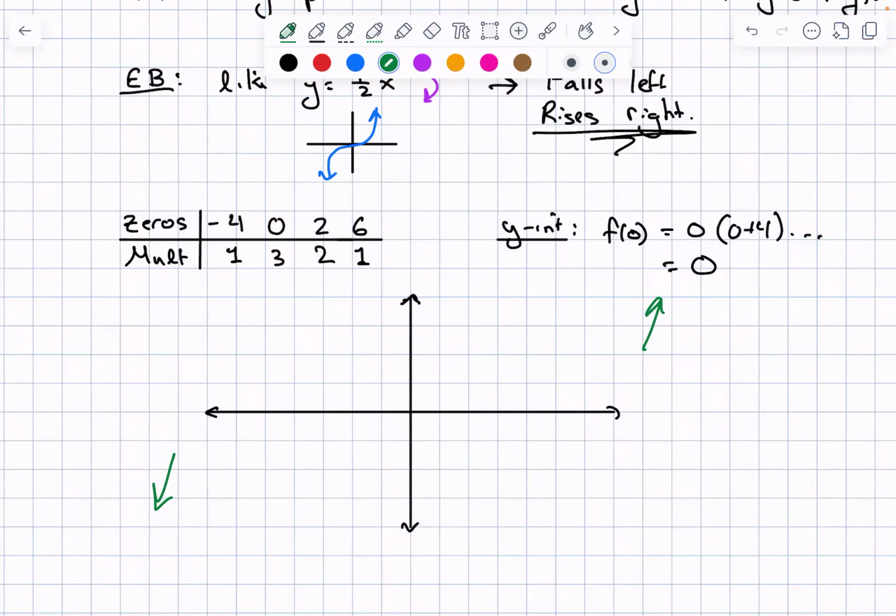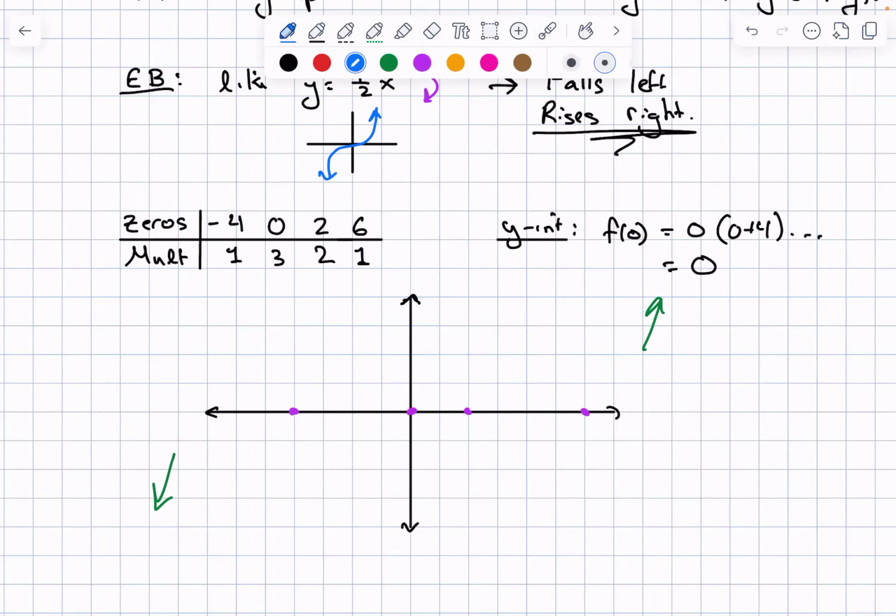And then let's plot all of our zeros. So -4, 0, 2, and 6. And then we should also plot our y-intercept, but we already did. Normally it's going to be something up here or here. It's probably going to be an obscene number, so we're just going to say this is 1,000 or 100 or whatever. But either way.